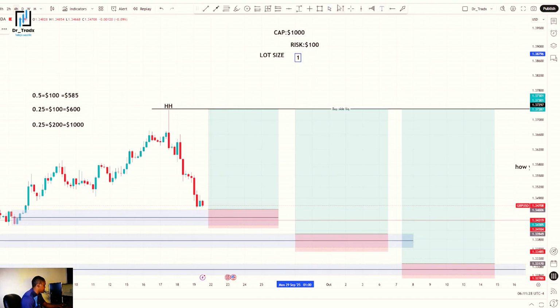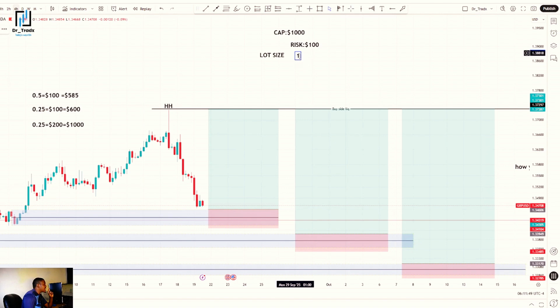That is the stop loss, that is the lot size. If I use a lot size of 1, around here it's $200.